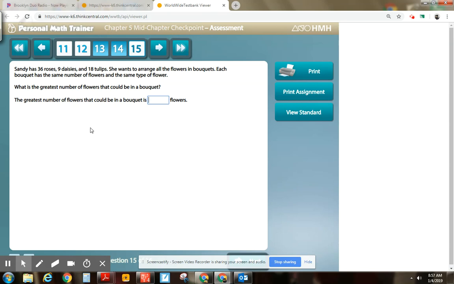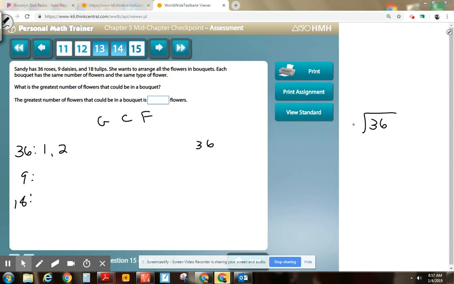This wants us to find the greatest common factor for 36, 9, and 18. So what we've got to do is not be lazy and find the factors for all of these. So 1 times 36 is 36. 2, and let's see if 2 can go into 36. 2 fits into 3 once, minus 2, bring down the 6.